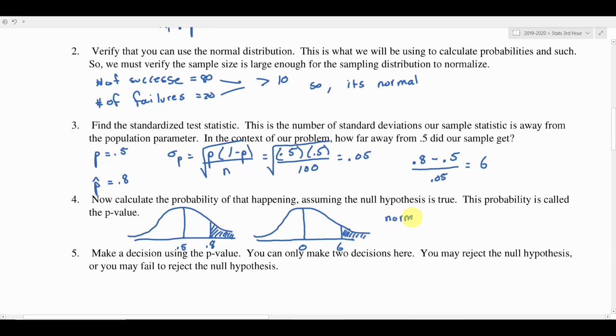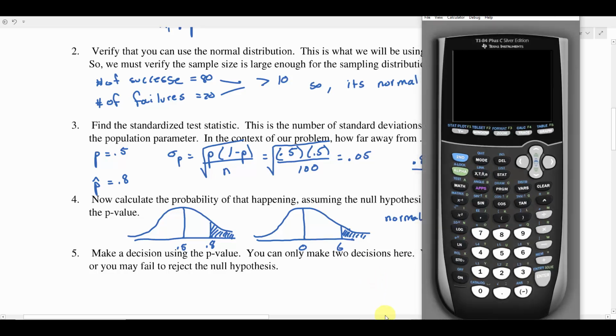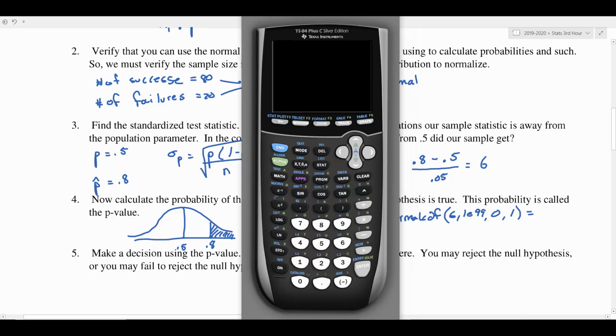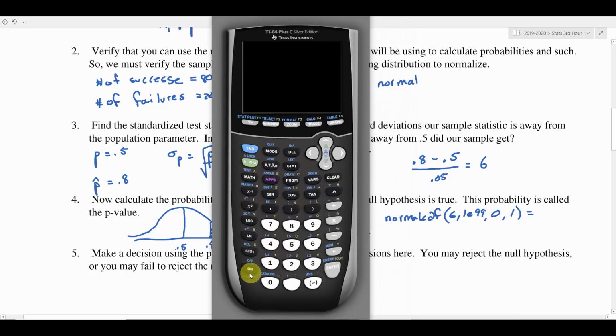I can do that by taking a normal CDF and setting my left bound to be 6. My right bound will be infinity, so we'll put in 1E99 for that, with a mean of 0 and a standard deviation of 1. I'll pull up my calculator here and let's calculate that probability real quick.